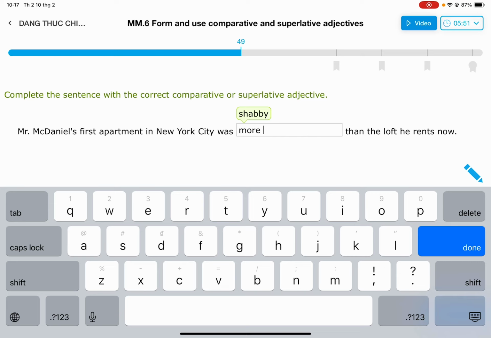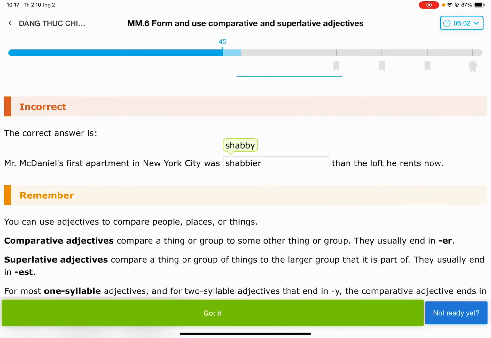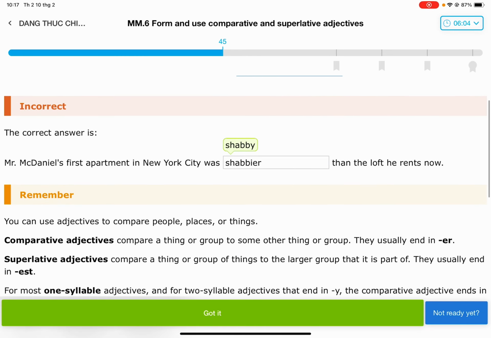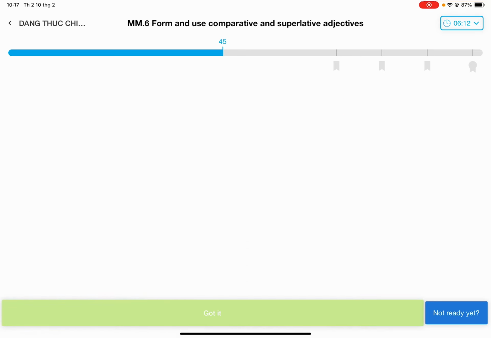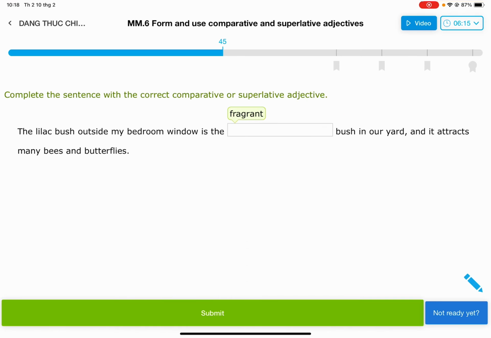But here, shabby has two syllables, so we add more. And write shabby. Oh, I forgot. It has two syllable, but it ends in y. So we drop the y and add ier. I forgot, that's two syllable, gotta do that.